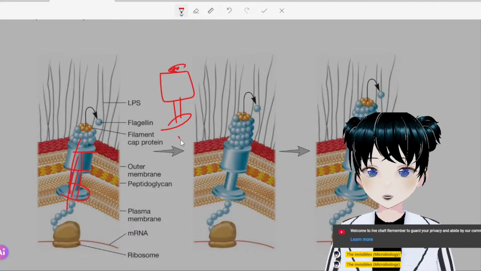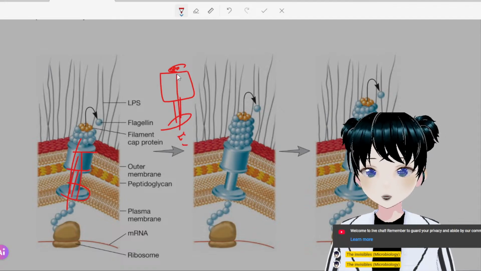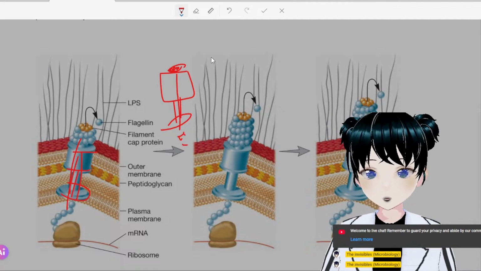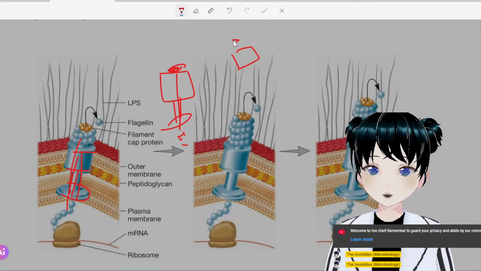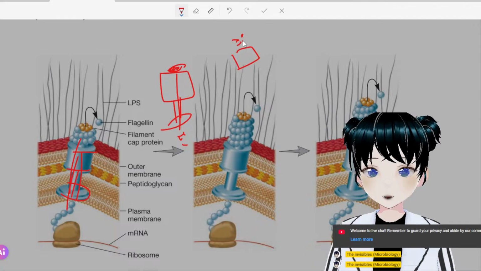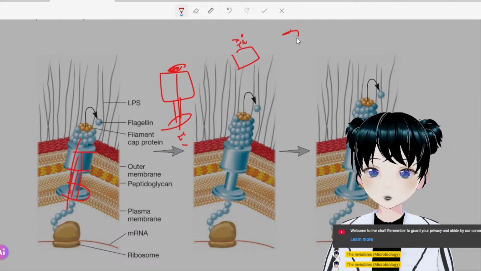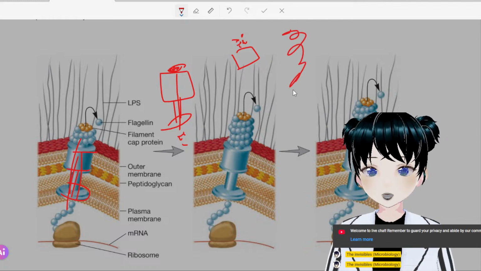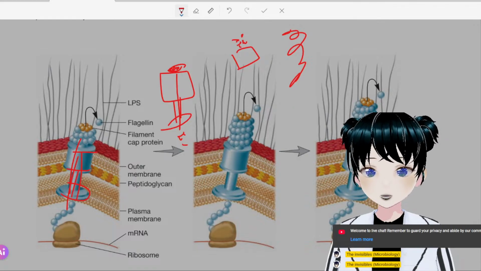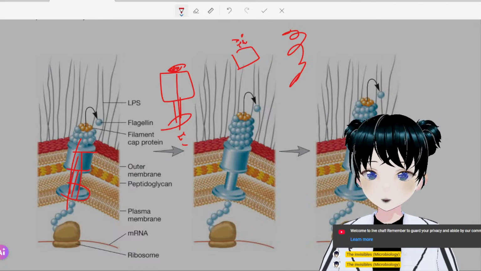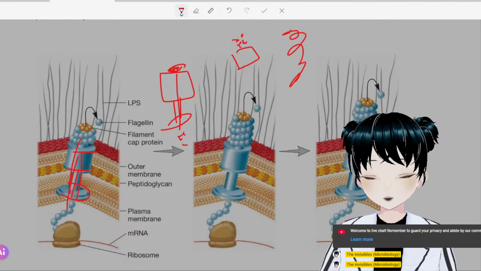The amino acids that come from the ribosomes inside attach to that, and this area slowly ascends. It goes up, and the basal area will have more proteins attached to it, going up and up until the needed length is reached, because then the ribosomes will not produce more proteins for that.